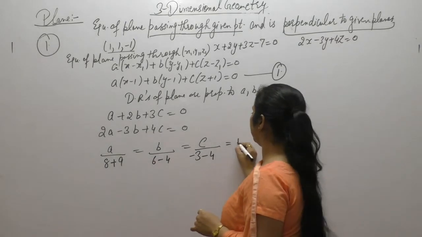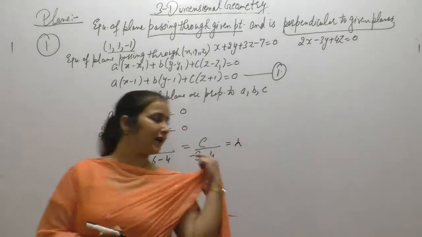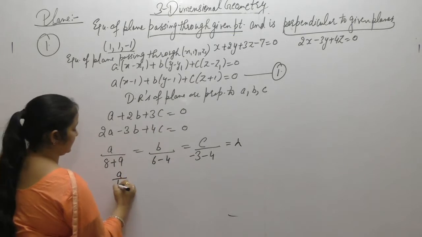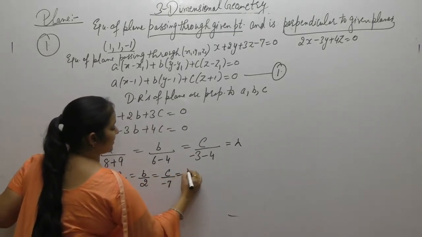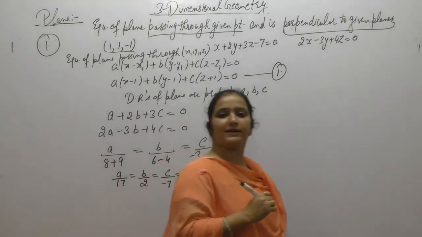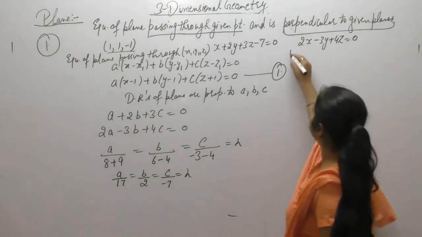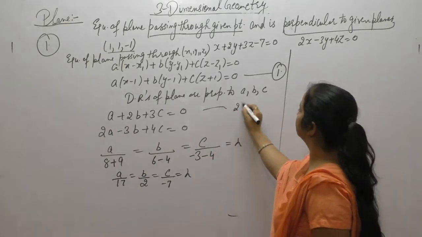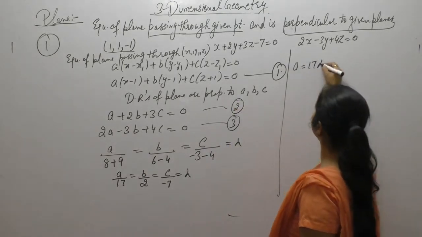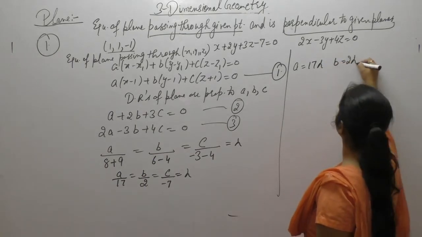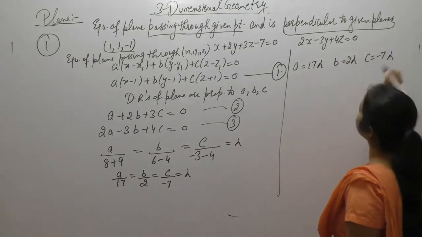Let this equal lambda, say. So we get a upon 17, b upon 2, c upon minus 7. From here we get the values: a is 17 lambda, b is 2 lambda and c is minus 7 lambda.